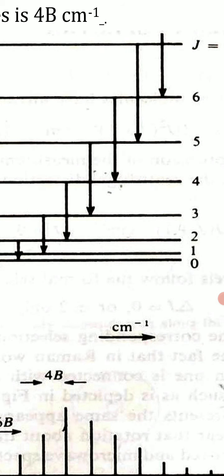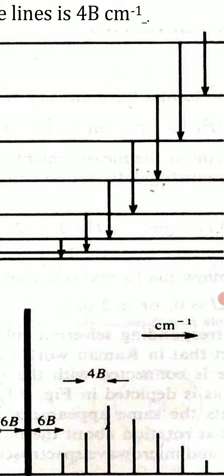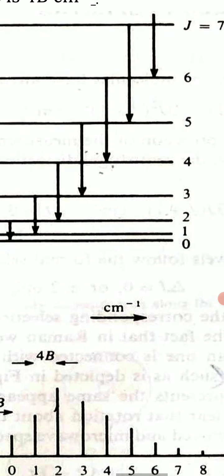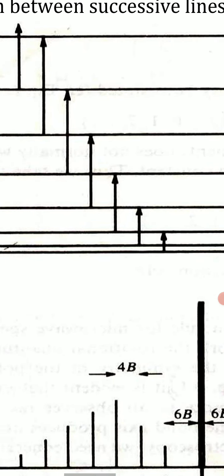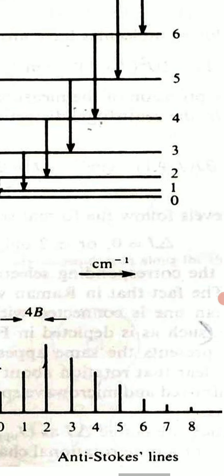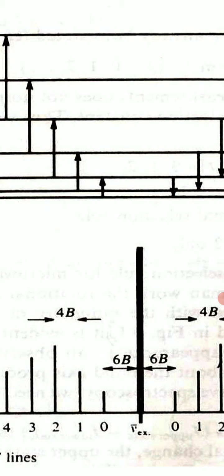So for this transition, delta J is minus 2, difference in J is minus 2, and these are the transitions having delta J plus 2. These are the transitions from J equal to 0 to J equal to 2, so delta J is plus 2, or transition from J equal to 1 to J equal to 3, it also have delta J equal to plus 2, and so on.